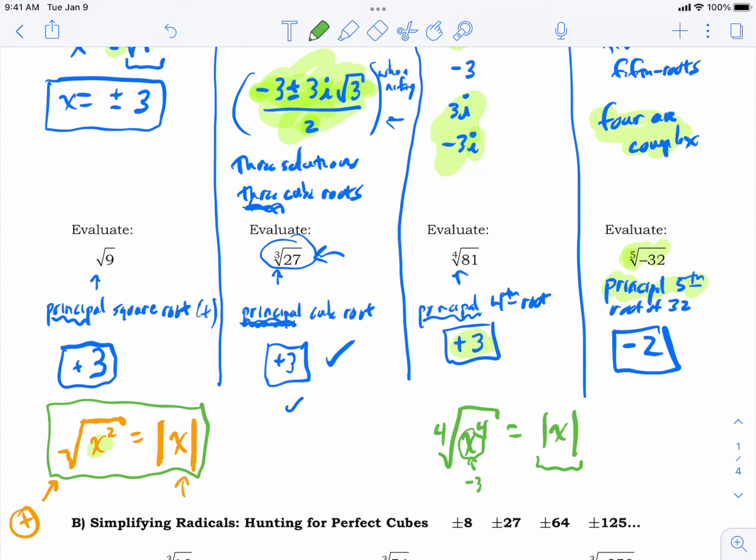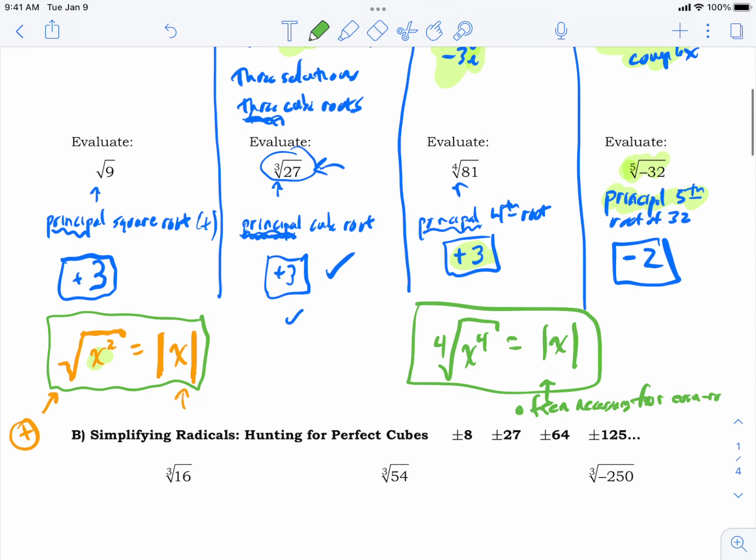And the only way to make a positive 3 over here is if you put the negative 3 inside of absolute value bars. So it turns out for all even roots, circle that. I'm going to say often, because it's not always necessary, but often necessary for even root radicals.